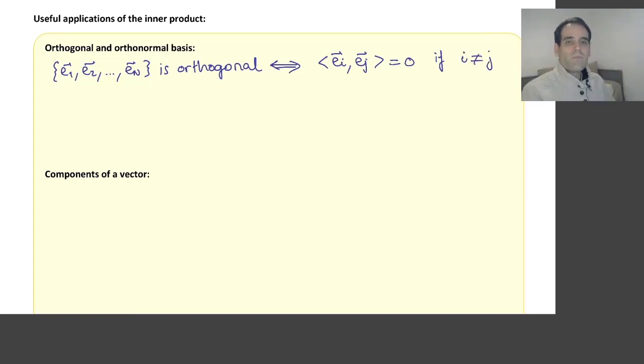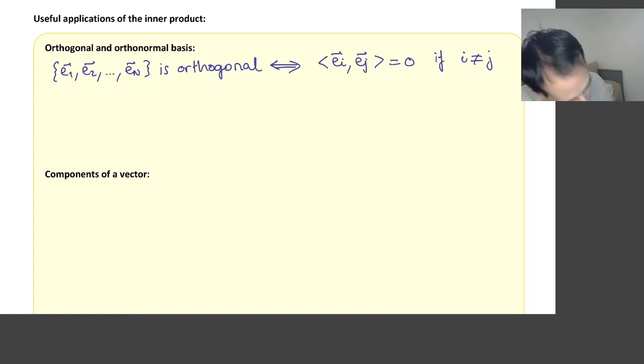Yes? So this means that every vector is orthogonal with respect to every other vector in the basis. Yeah? So for example, x hat, y hat, z hat. So the inner product between any of the pairs, x hat with y hat, or y hat with z hat, or x hat with z hat, all the three possible pairs, the inner product between them is 0 because they are all orthogonal to each other. Therefore, the basis is orthogonal.